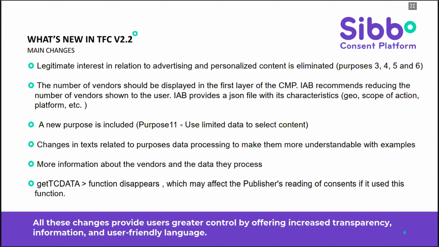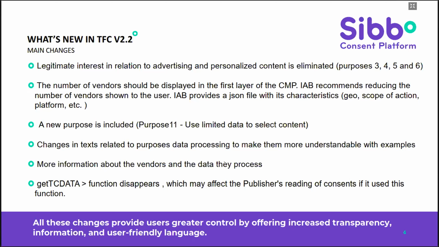There is a new purpose 11. There are changes in the text related to purposes and data processing. The data processing information is more understandable, with examples and more information about the data that the vendors process.